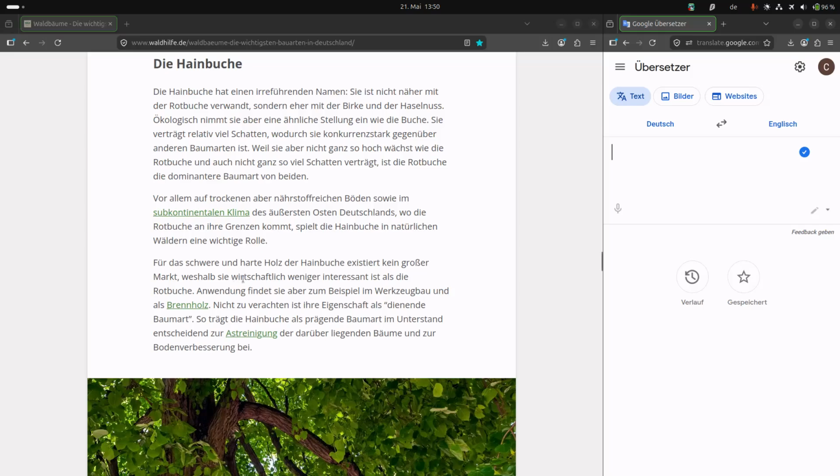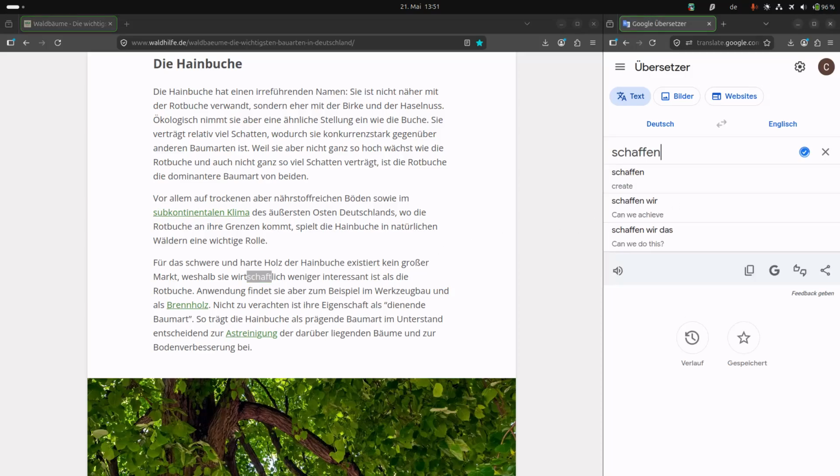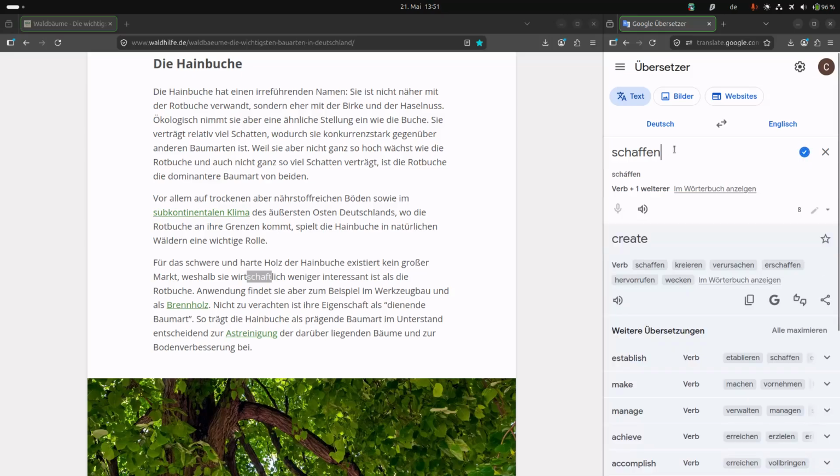You can kind of see how this derives from Wirt and Schaft, which maybe, I'm not sure about it, but I'm just guessing, can also derive from the word schaffen, so to create or to make something, like making, for example, a deadline.